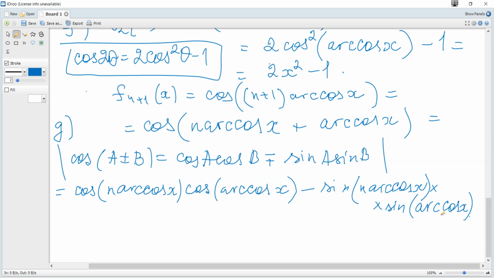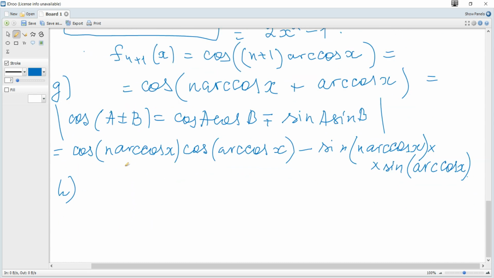And let's check. Cosine of n arccos x, cosine of arccos x minus sine n arccos x multiplied by sine arccos x. Correct. And the next part.